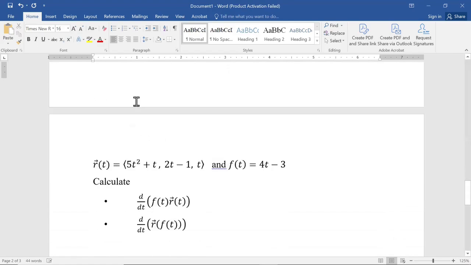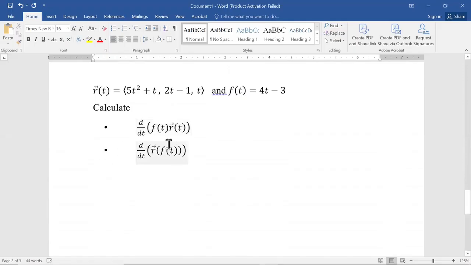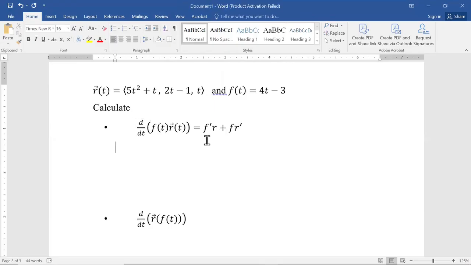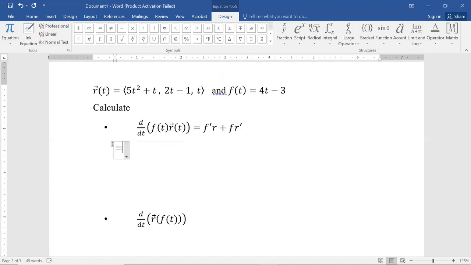Now, on the next slide, we were asked to calculate the derivative of f of t times r of t. And just like before, we go f prime times normal r plus normal f times r prime. But this time, the multiplication we're dealing with is simply function multiplication, or I should say scalar multiplication, essentially.